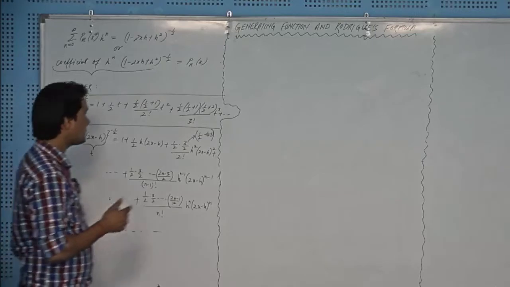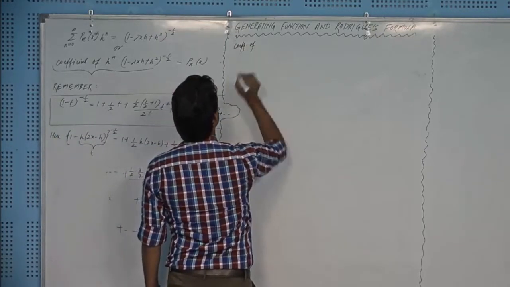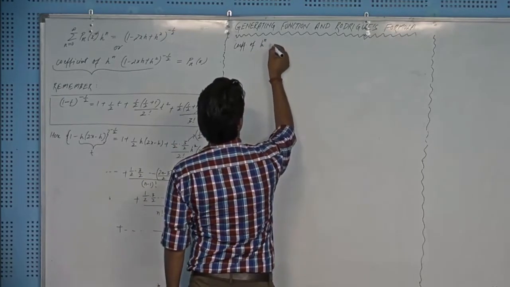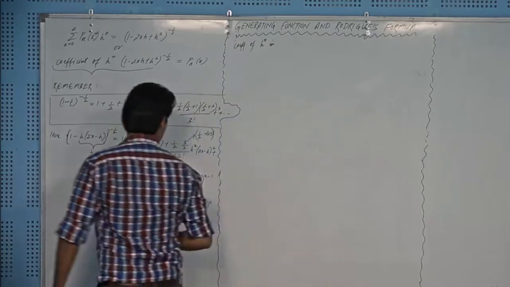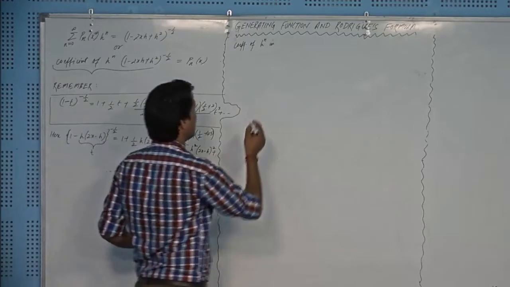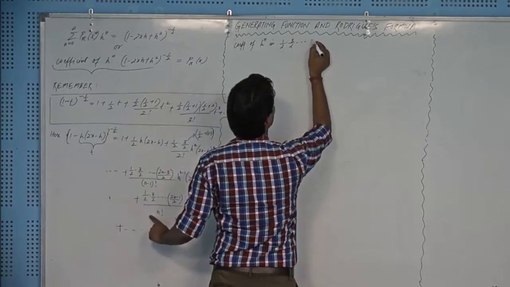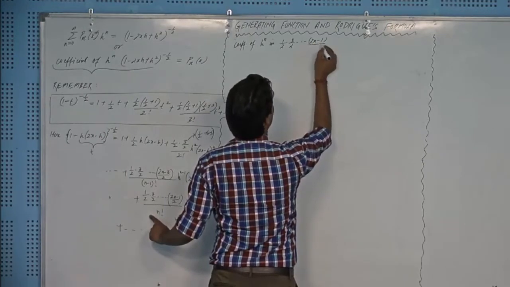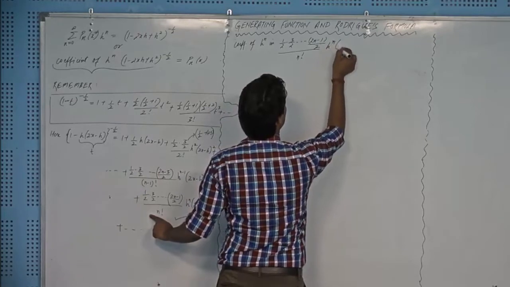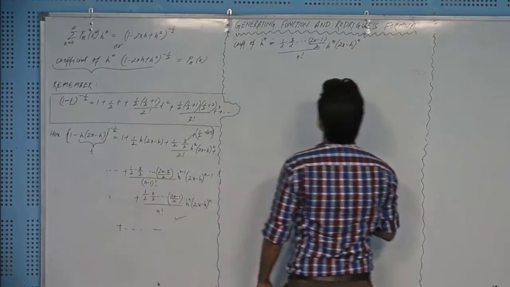Okay, so coefficient of h to the power n in this term, you see this term, I'm putting a tick on it. I will write that term 1 by 2, 3 by 2 up to 2n minus 1 by 2 over n factorial h to the power n, 2x minus h to the power n, right?